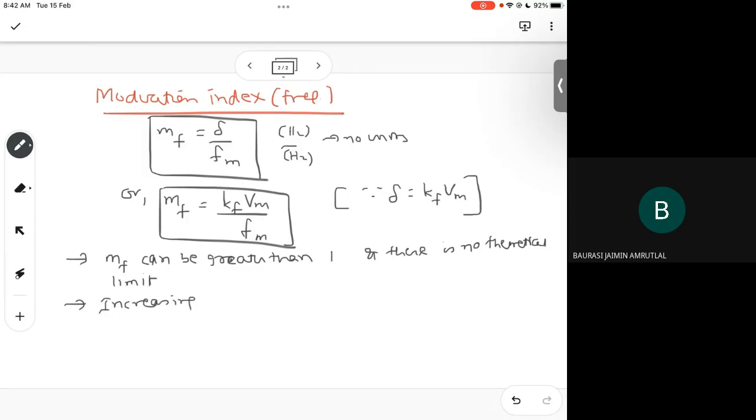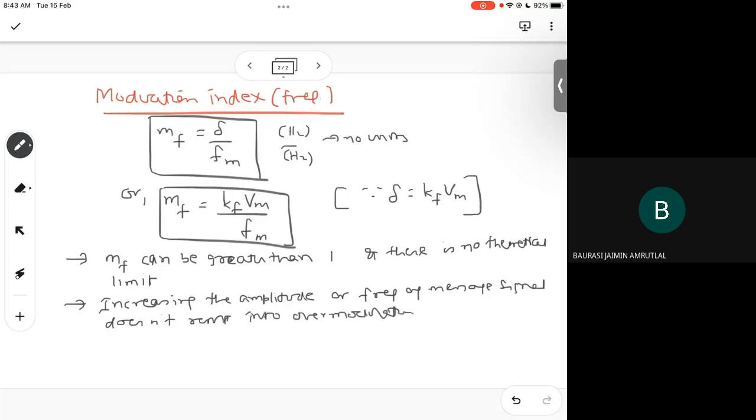If I increase the amplitude or frequency, sorry, of my message signal, there we have seen it gives rise to overmodulation, but here it doesn't result in overmodulation, and that is the biggest advantage in FM.